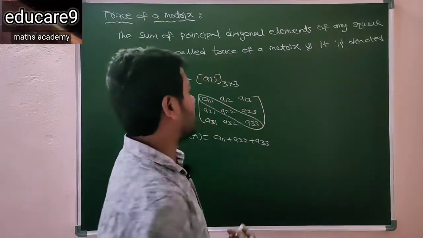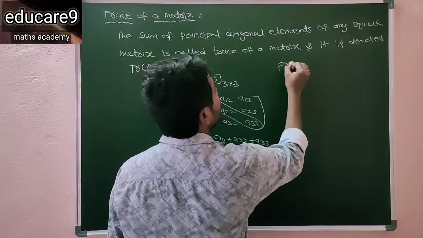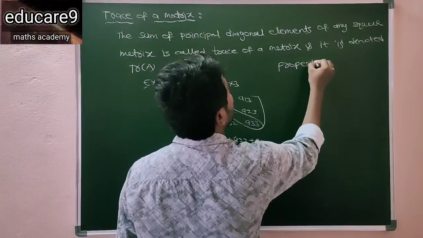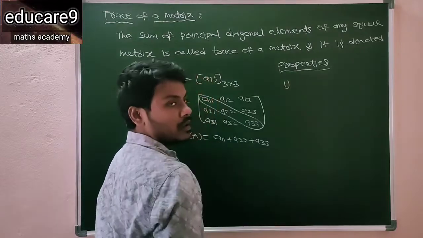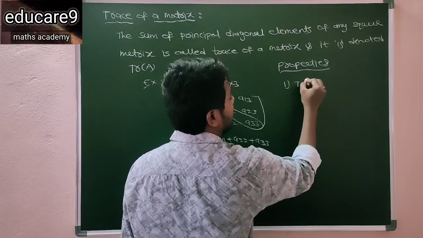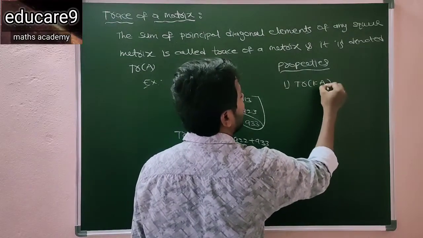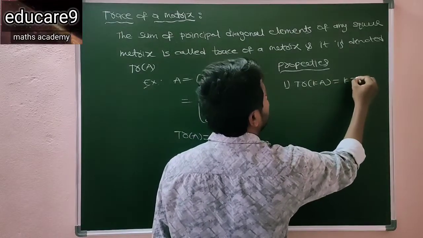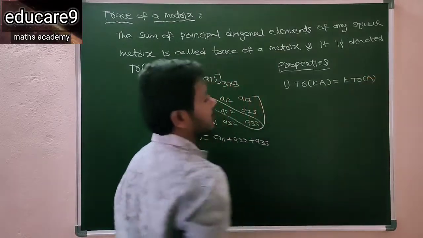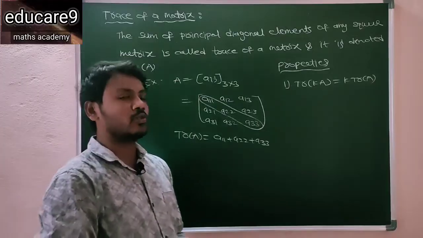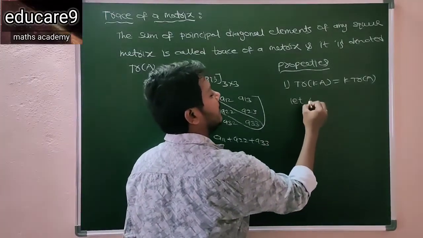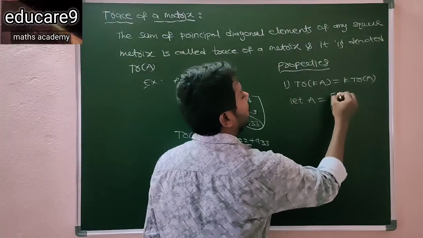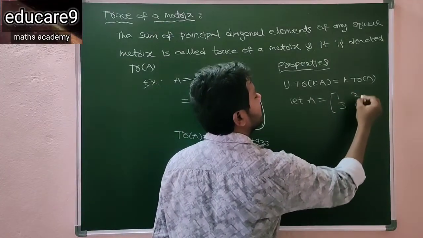Next, let us see the properties. The first one: trace of kA is equal to k into trace of A. Here A is any square matrix. For example, let A equal 1, 2, 3, 4.